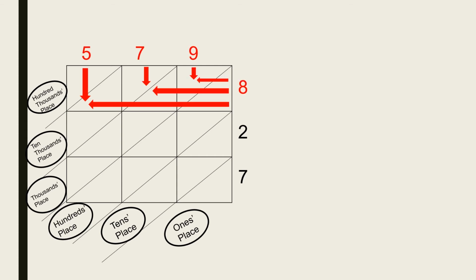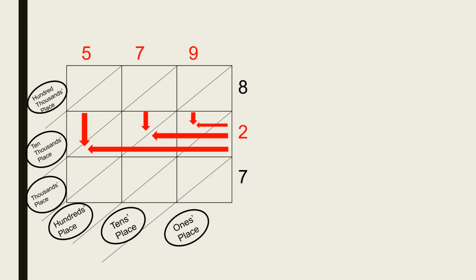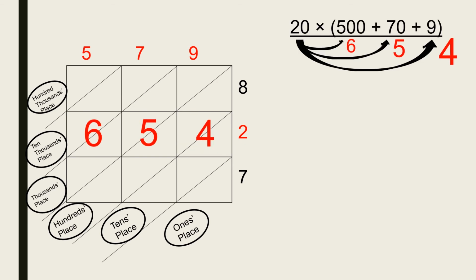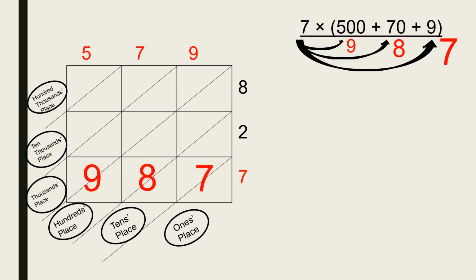So in the top row, we were distributing 800 to each of the addends in 579, so 500, 70, and 9, to get our first 3 products. In the second row, we were distributing 20 to 579 to get our next 3 products. And then finally in the third row, we were distributing 7 to 579 to get our last 3 products.